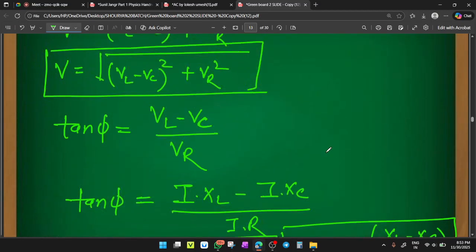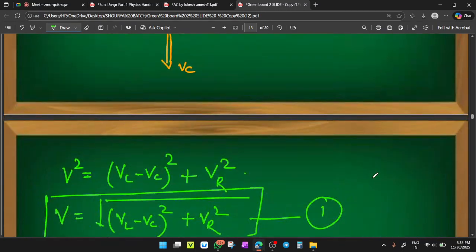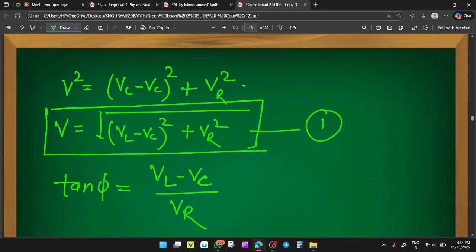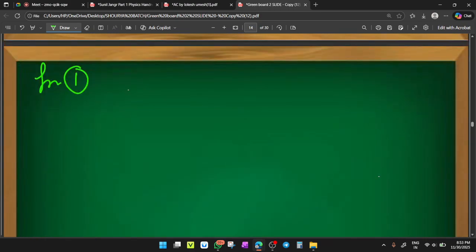One more thing. This is equation number 1, and this is equation 2. So from the first, V square equals (VL minus VC) whole square plus VR square.